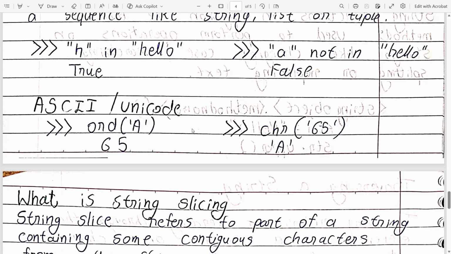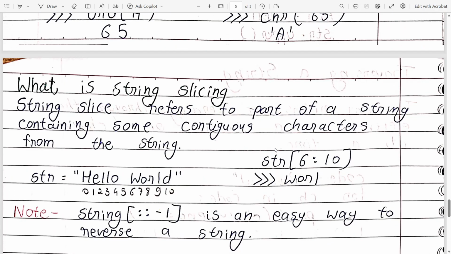If you want to know the ASCII value of a particular character, you will use ord. For example, ord of A will return 65. And vice versa, if you want to check the character present at the ASCII value 65, chr will return A.